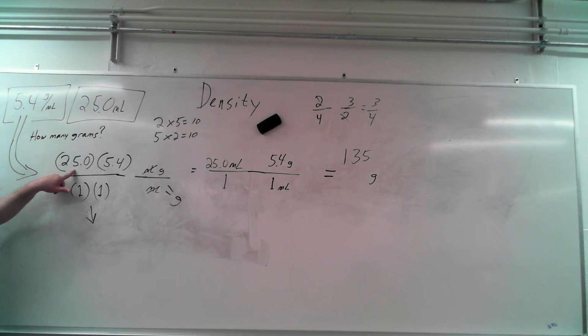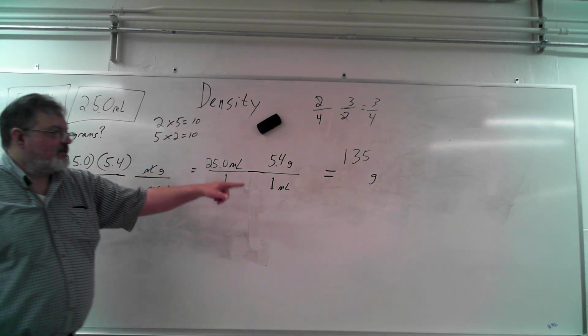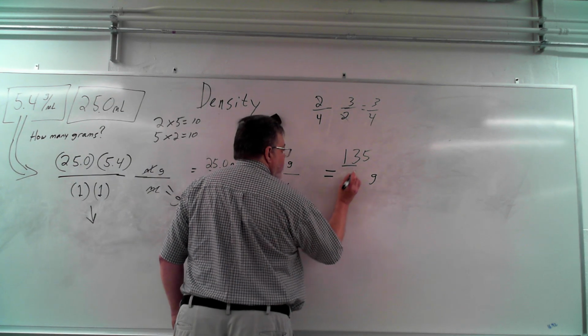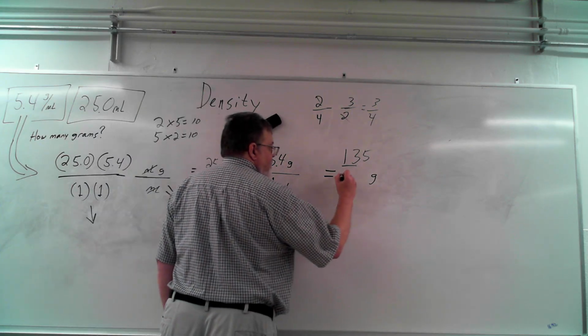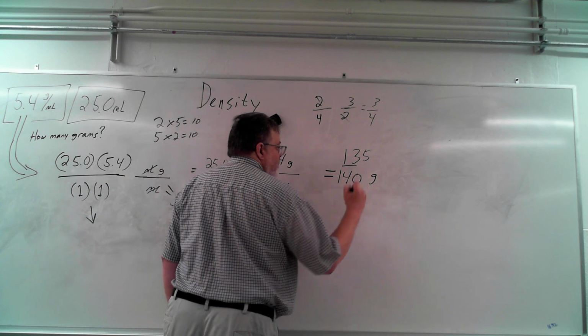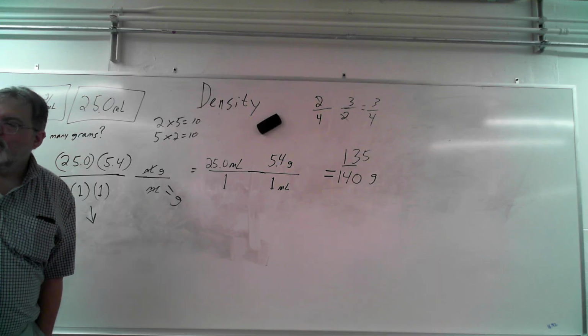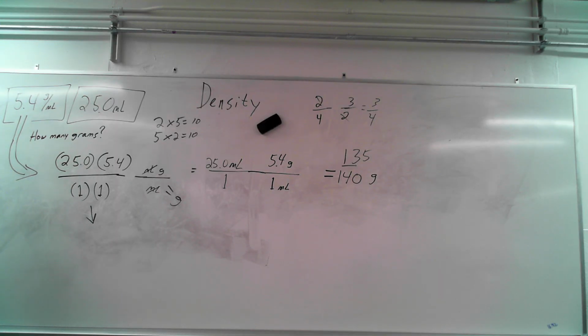How many significant figures? 3. 2. So that needs to be 2. So it's those 2, and the 5 rounds the 3 up. 140. With no decimal. So that means if I had a substance with this density and had this many milliliters of it, that means if I went over to weigh it, it would weigh that.